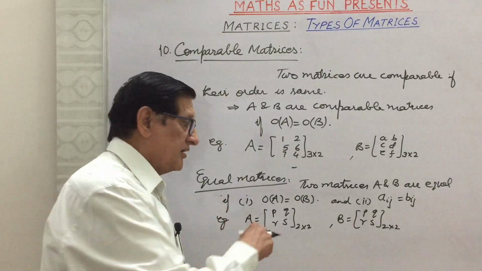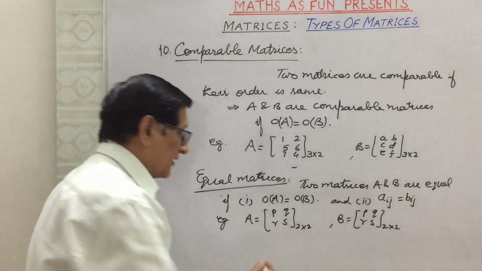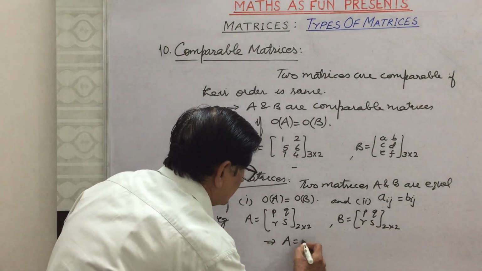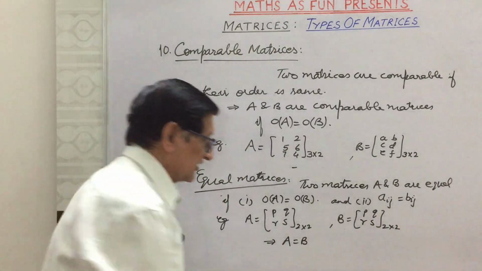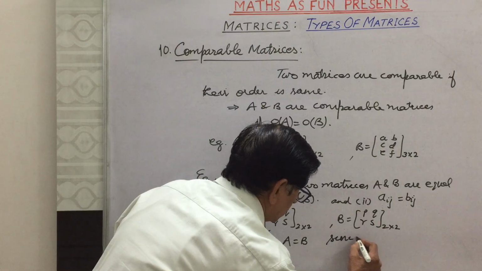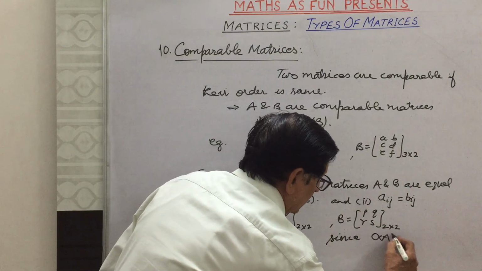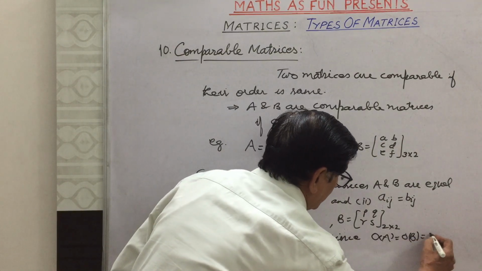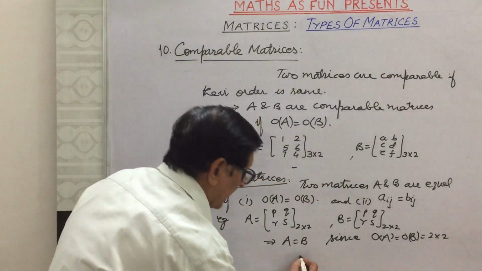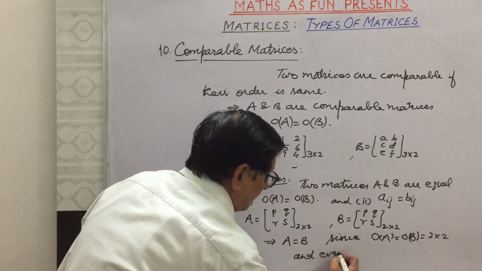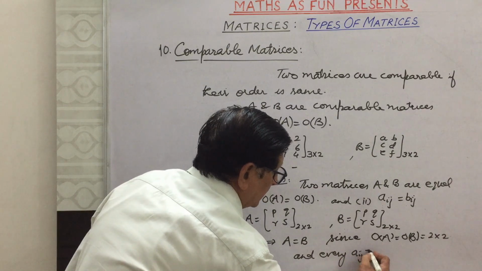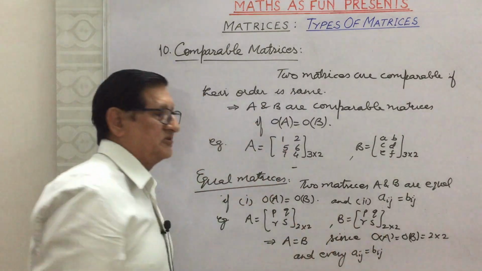So they are equal matrices. It means we can say A is equal to B, since order of A is equal to order of B is equal to 2 into 2, and every Aij is equal to Bij.